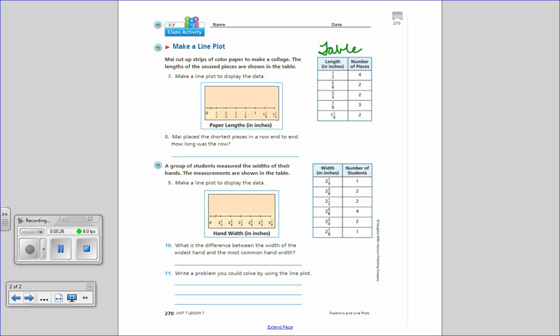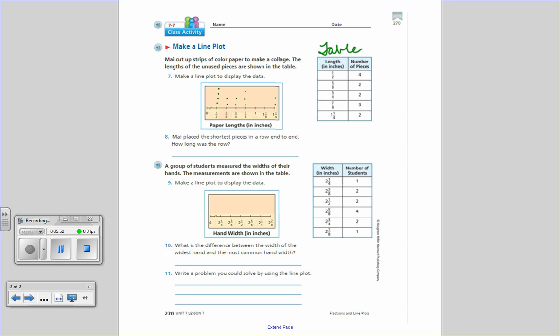There are 4 half-inch pieces. There are 2 5/8 pieces. There are 2 3/4 pieces. There are 1, 2, 3 7/8 pieces. And there are 1, 2, 1 1/4 pieces.